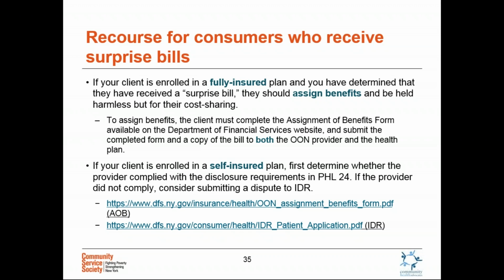To assign benefits, the client must complete the Assignment of Benefits form, which is available on the Department of Financial Services website, and submit the completed form and a copy of the bill to both the out-of-network provider and the health plan. If your client is enrolled in a self-insured plan, first determine whether the provider complied with the disclosure requirements in the public health law. If the provider did not comply, consider submitting a dispute to the independent dispute resolution process.